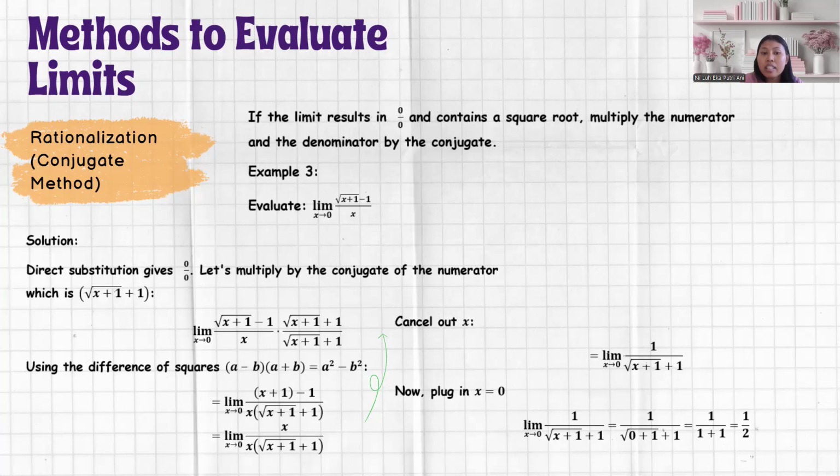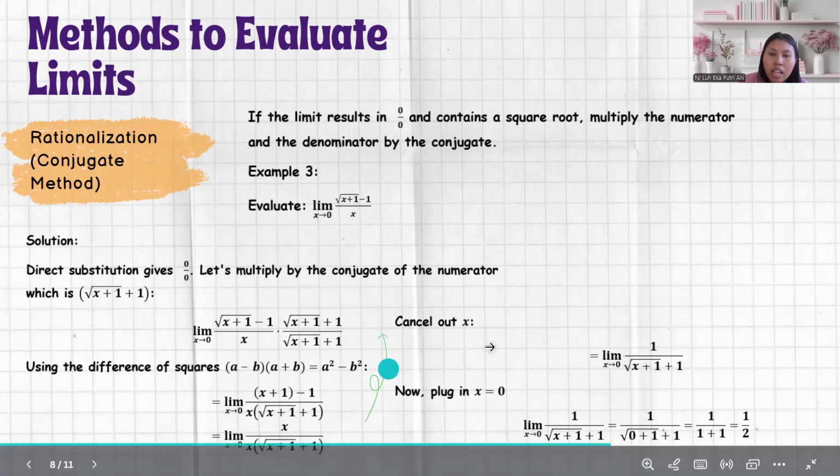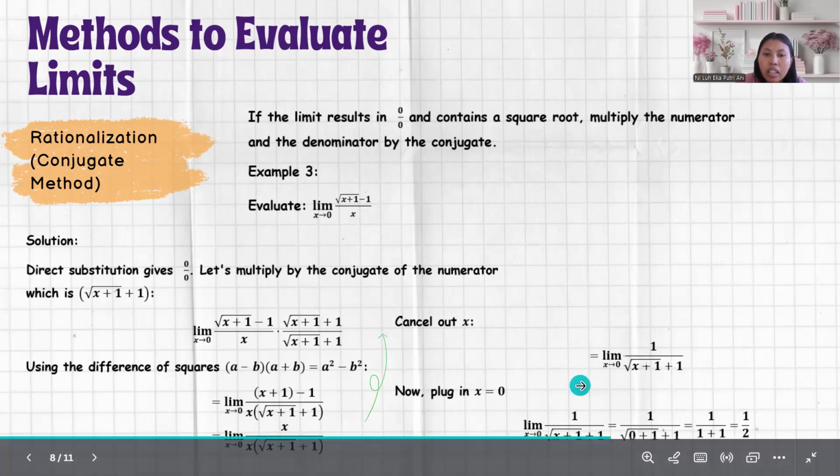So using the difference of squares, a minus b times a plus b is equal to a squared minus b squared, we get the limit of 1 over the square root of x plus 1 plus 1 as x approaches 0.